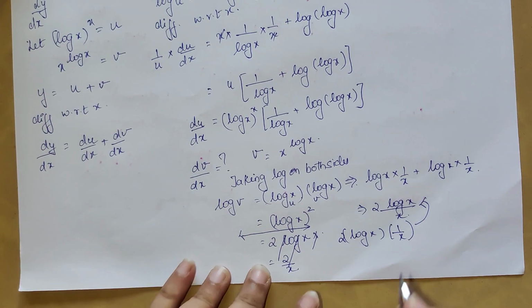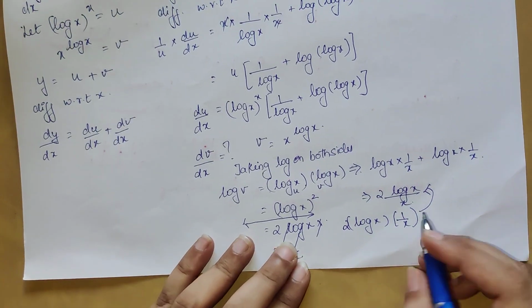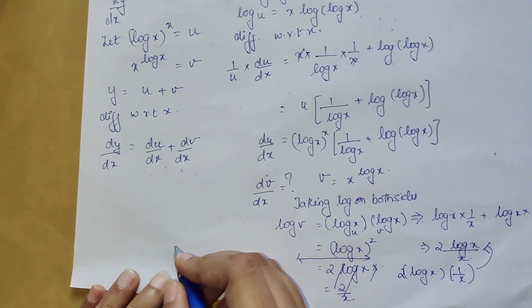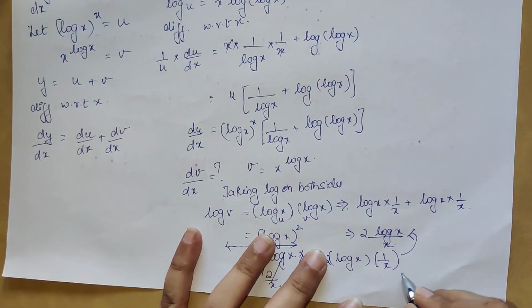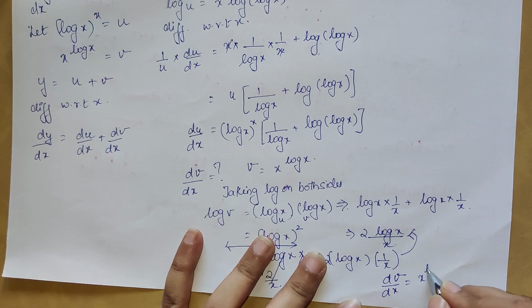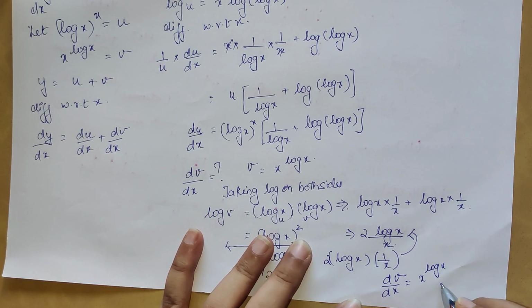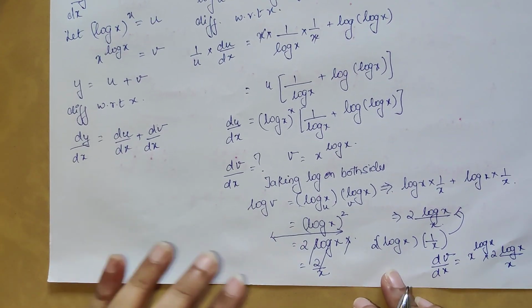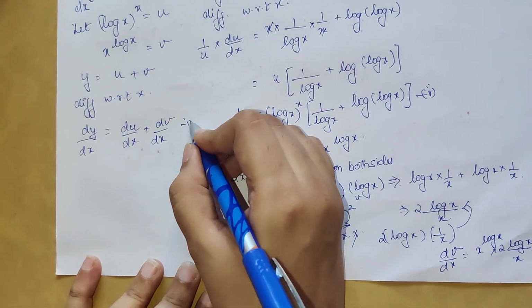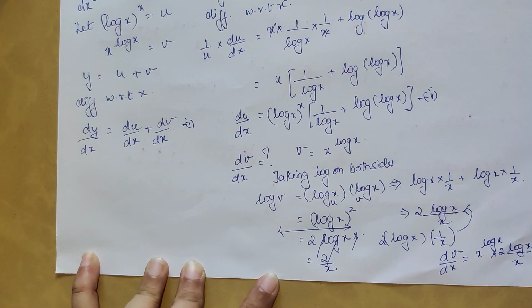Okay, but still this is not my final answer. My final answer is what? Let me finish it here only. So dv by dx is equal to v, we take it ahead, so v is nothing but x raised to log x, multiplied by 2 log x upon x. Okay, so now let's make this equation 1, this equation 2 and this equation 3.